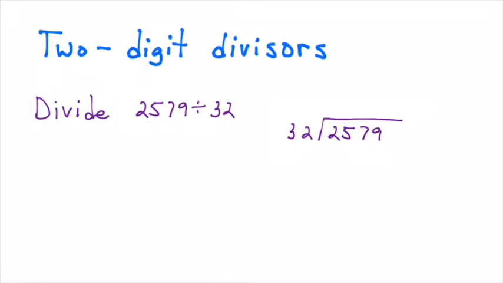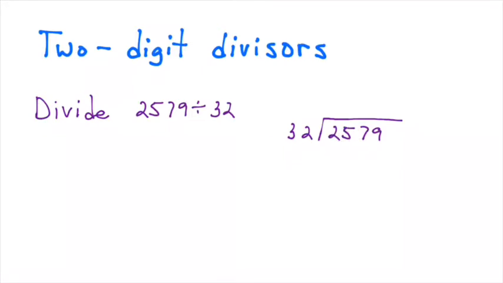Now it's more of a guess, so we have to be willing to live with the fact that there's a larger chance we might guess wrong, but it's still just a guess. Let's not worry about the numbers that are in the ones place. Now, I know 7's not in the ones place for the whole number, but if we're thinking about 32 going into 257, 7 would be in the ones place.